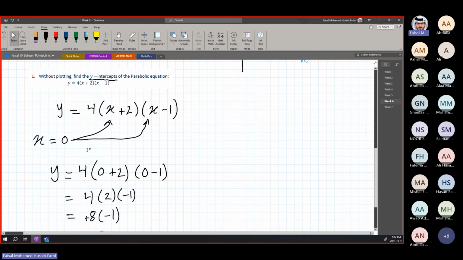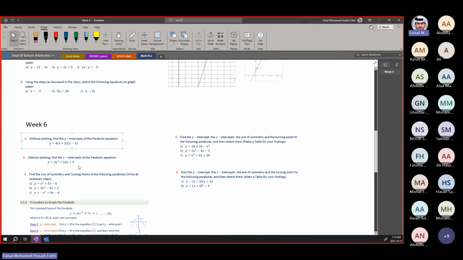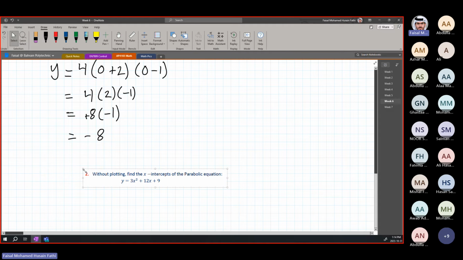This is the first step of even plotting a quadratic equation, if we are going to get to plotting. So I hope that concept is clear. And the same idea for the x-intercept.